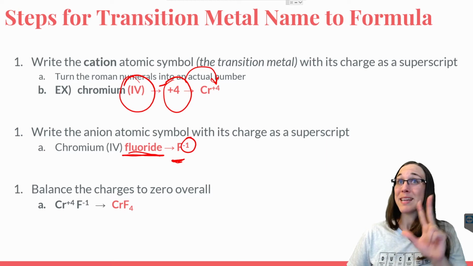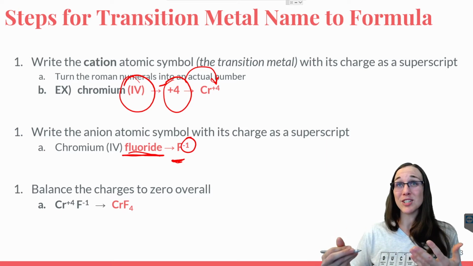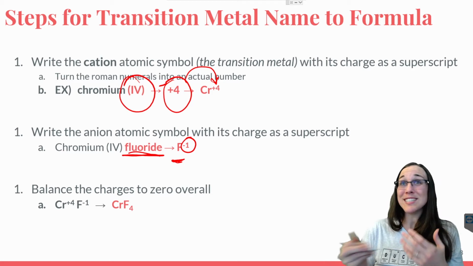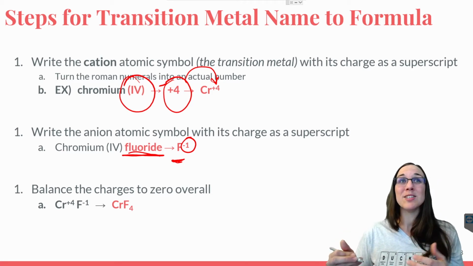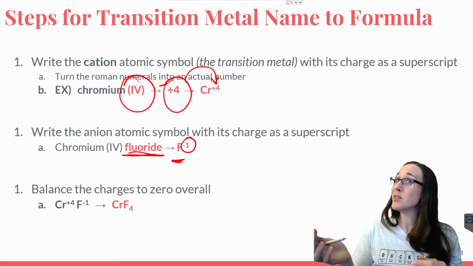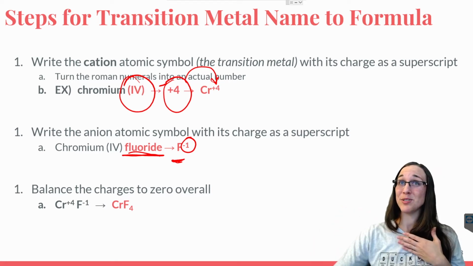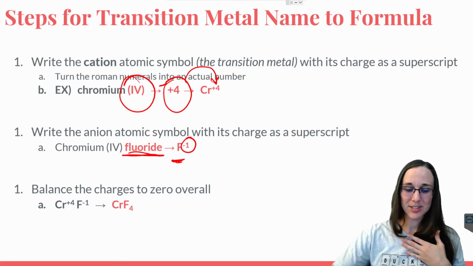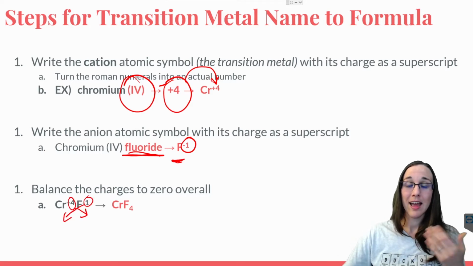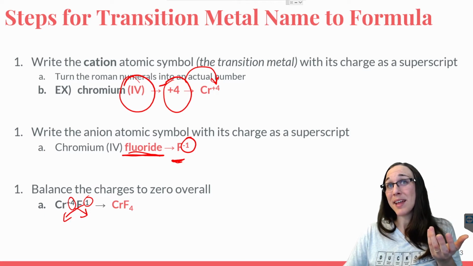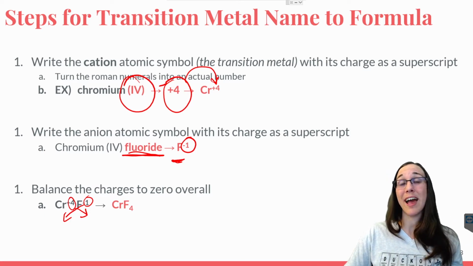And the last step, step 3, is then to balance the charges overall between these two atoms, just as we always have in the past. So drop and swap, or if you want to do the more complicated multiply method, that's up to you. I personally always choose drop and swap because that's easiest. So I just put the 4 down here, the 1 down here. I don't have to show the 1 because it's implied that it's there, and we end up with CrF4.